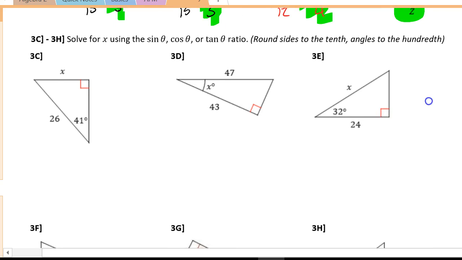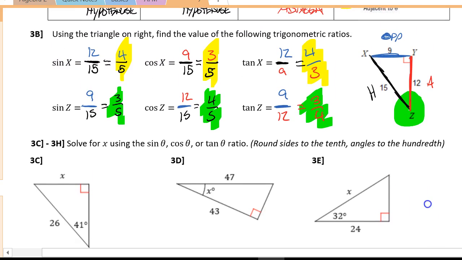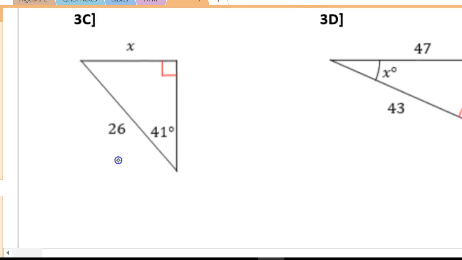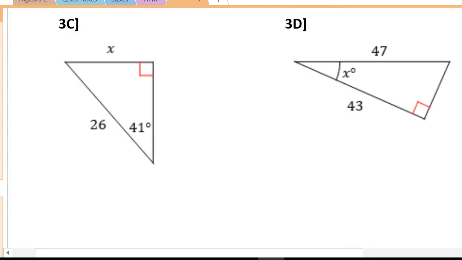Okay, now, how does this actually apply to solving for x? So here's where I know all the sides. I'm just asking for the ratio. We can use trig to help us solve for x, whether x is an angle measure or whether x is a side length. So we're going to start off with 3C. I'm going to solve for x in this particular case. I'm given my triangle.